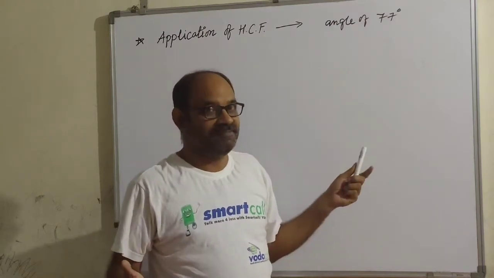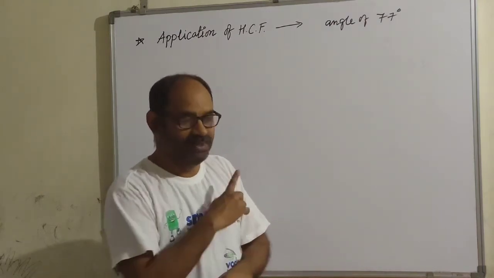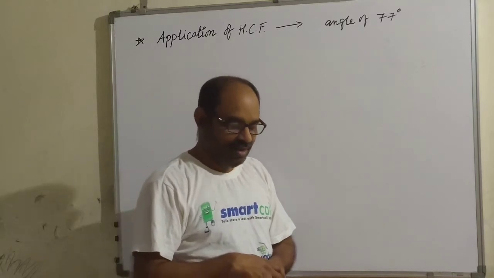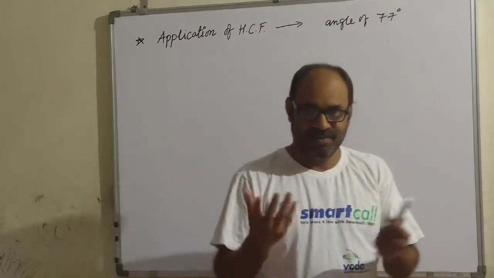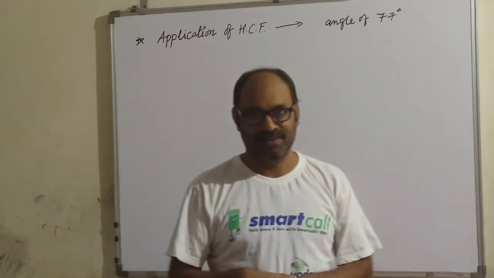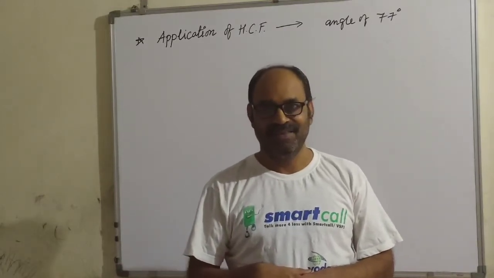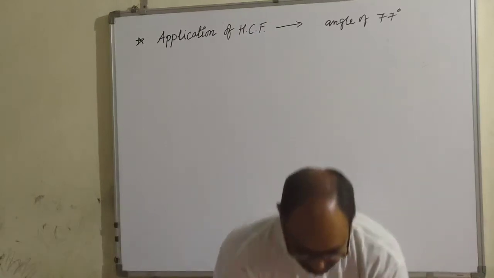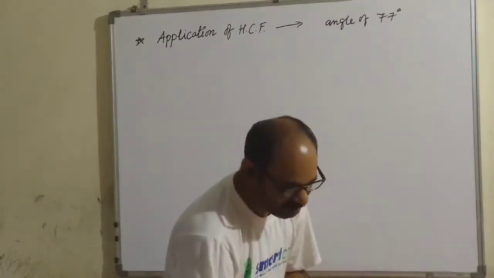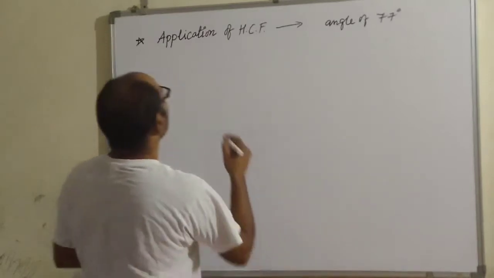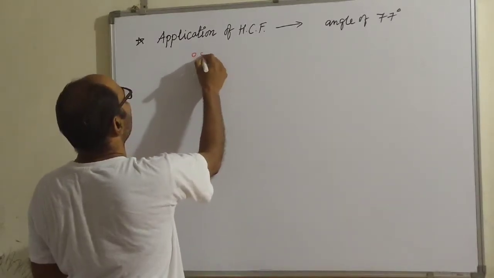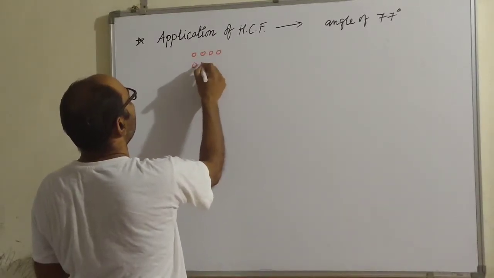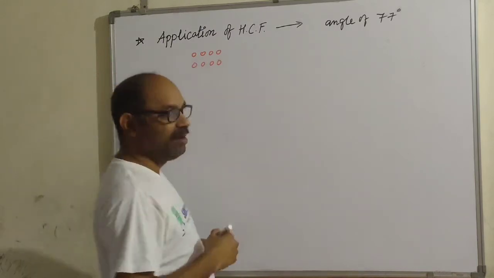Now what is this? Let's see. Observe and understand. Let's play a game. We need some marbles to play this game. And where are the marbles? Well, I'll just represent them on the board. Here are red marbles.